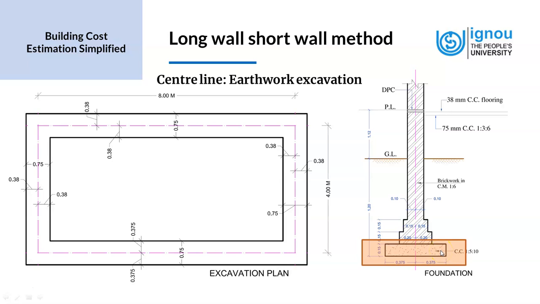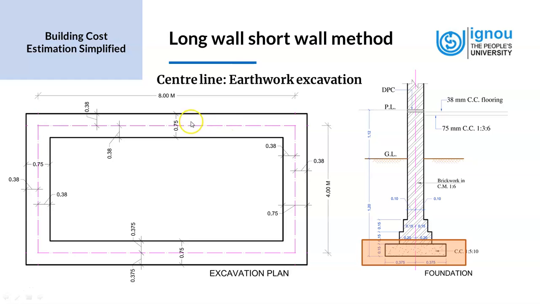So the first item that we are going to measure using the center line, long wall, short wall method is the foundation. We need both the section and the plan. We need the section, in fact, to find out the dimensions. From the center line, it's 0.375 on one side and 0.375 on the other side. Total is 0.75.